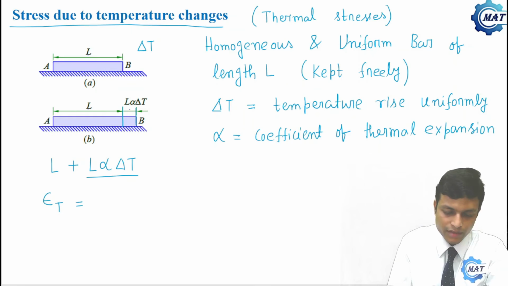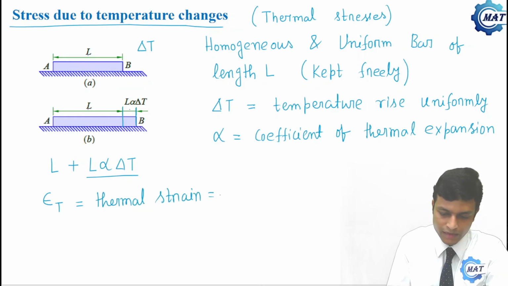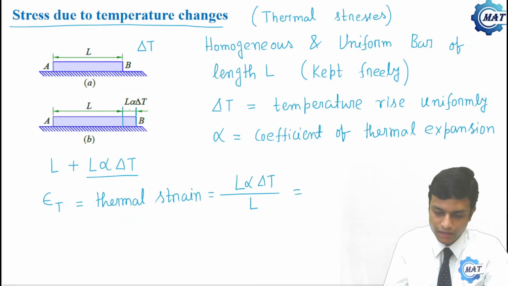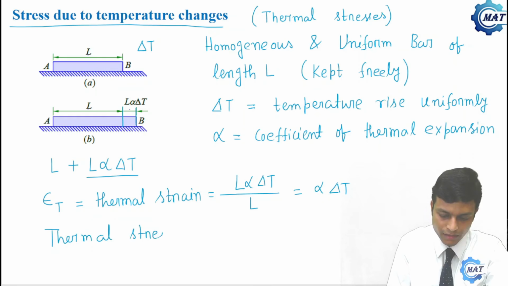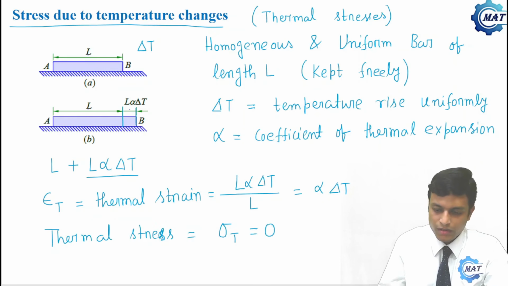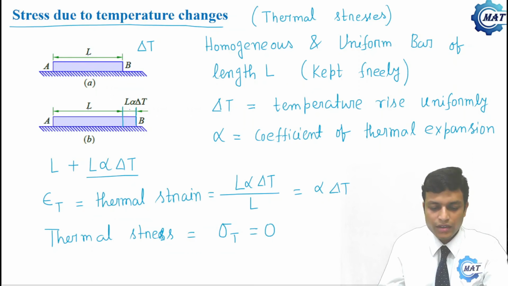Now as the length has been increased, what is the thermal strain? It is the increase in length, L alpha delta T, divided by the initial length, that is, alpha delta T. Now what is thermal stress? Thermal stress is 0 because the elongation is not restrained.